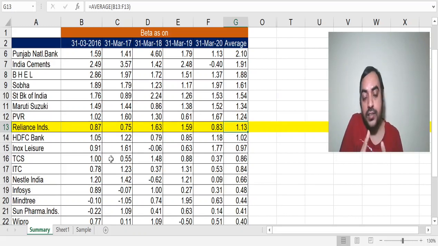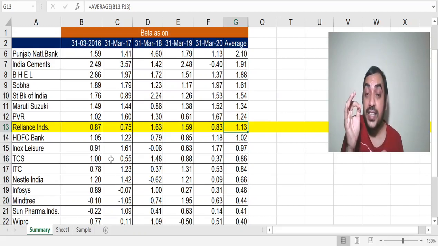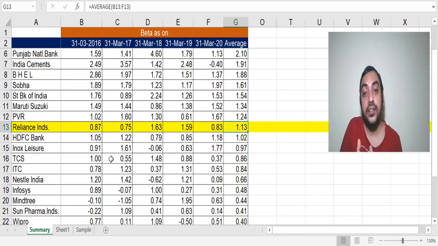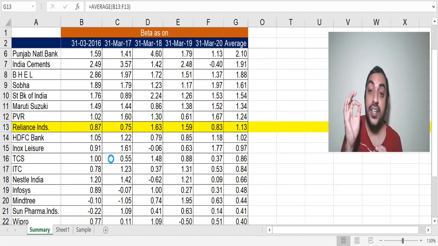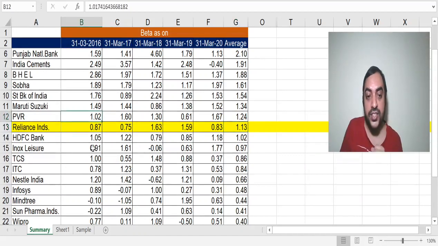As you take different data points, beta will change. So you have to understand practically, is beta a measure of risk? Yes. Is it a fixed number? No. Every year, every data point, beta is going to have a different number. As you can see here, Reliance Industries got 0.87, 0.75, 1.63, 1.59, 0.83.